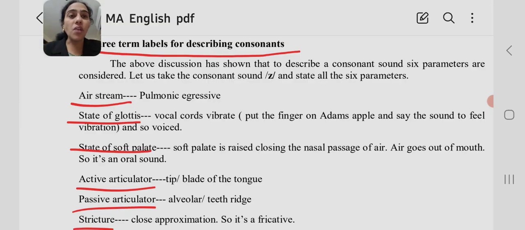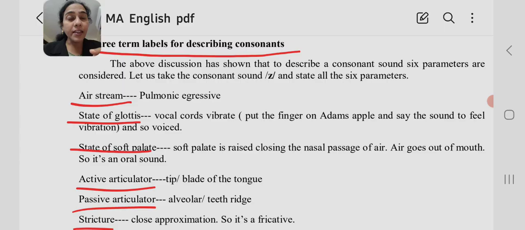Now, state of soft palate, back at the roof of the mouth. Come on, try to say zzz. Is the air stream going through the mouth or through the nasal cavity? Through the mouth. So it is an oral sound, not a nasal sound.